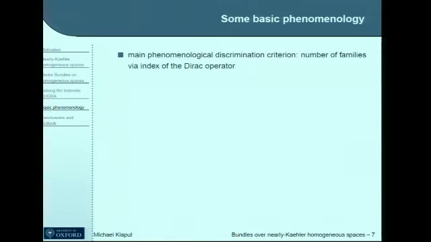I have to say that we're not very far with the phenomenology, but you can say already a few interesting things. So the first is you can compute the index of the Dirac operator on these spaces, and then filter the models you get for three families. This is our main discrimination of models.